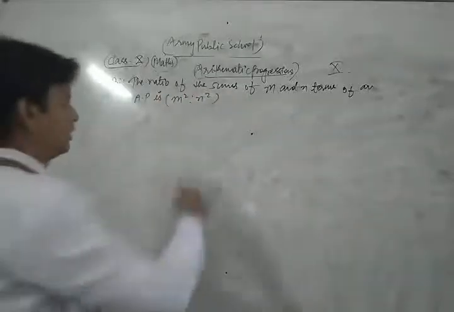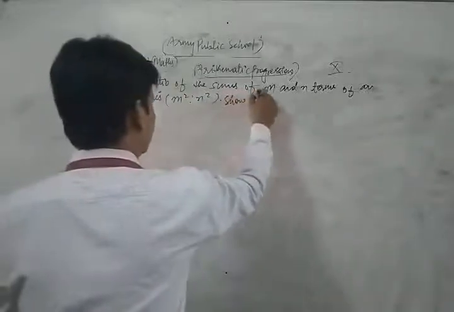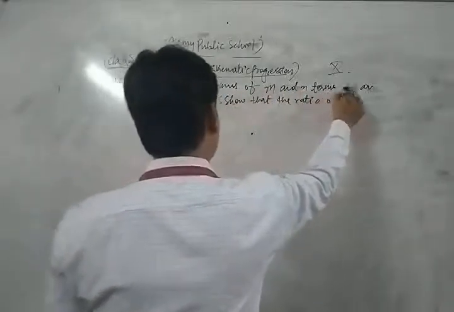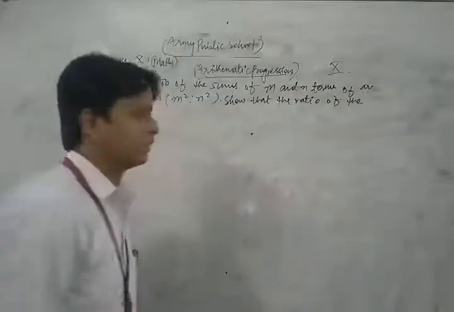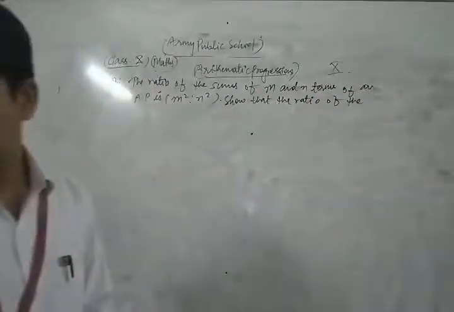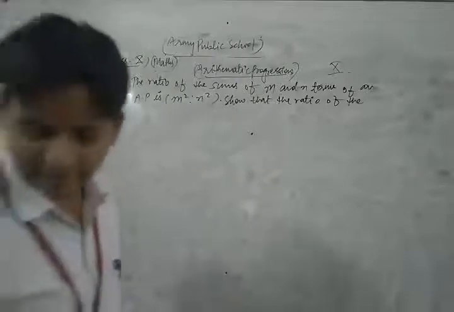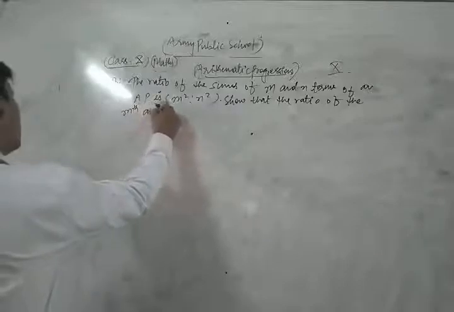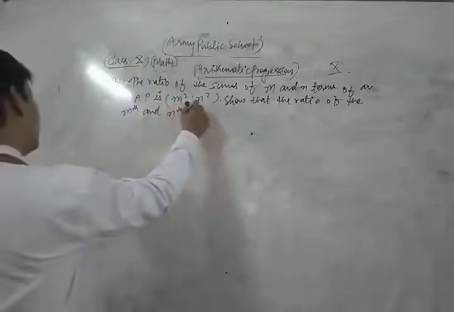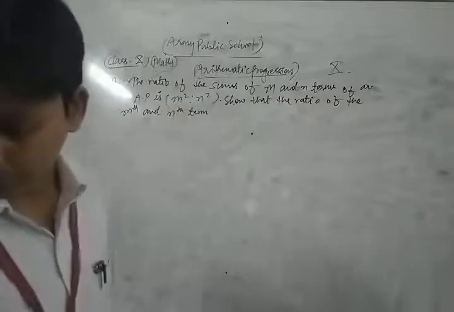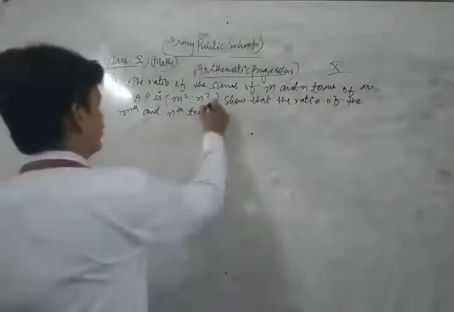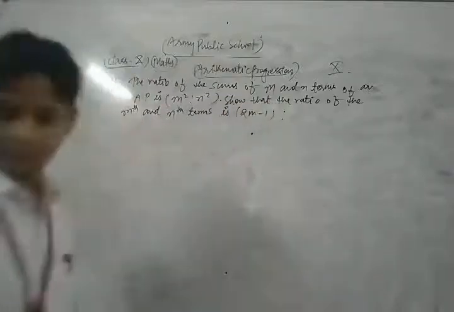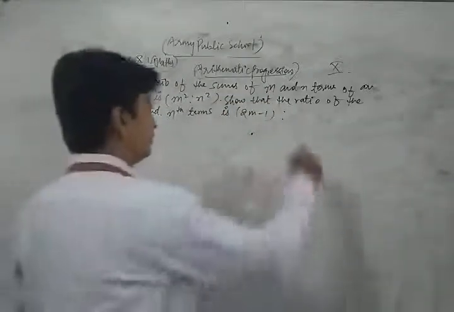Show that the ratio of the mth and nth terms is 2m minus 1 ratio to 2n minus 1.